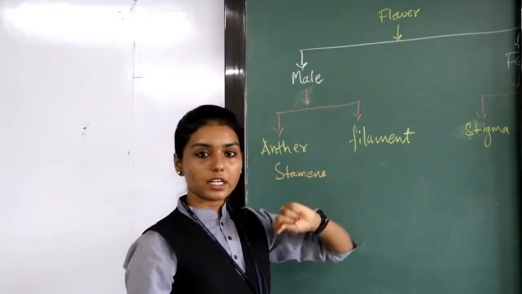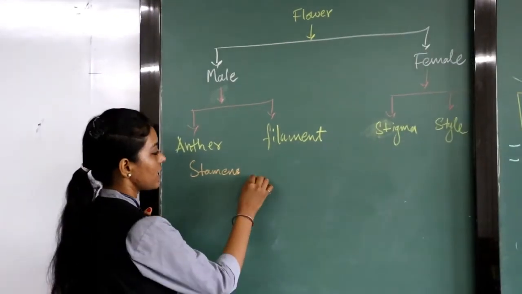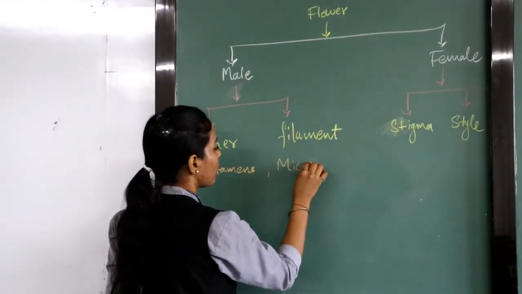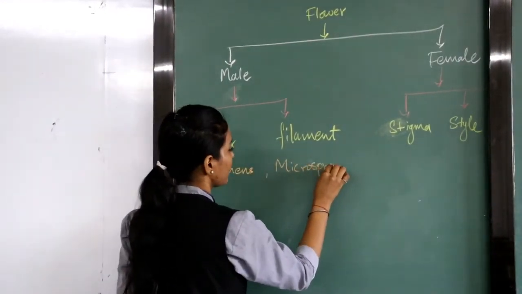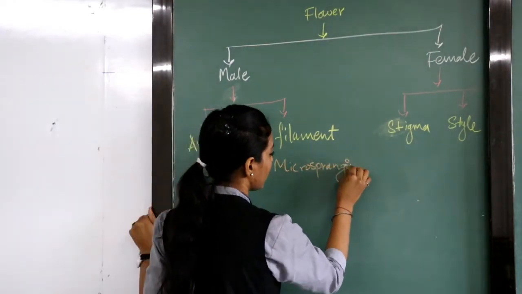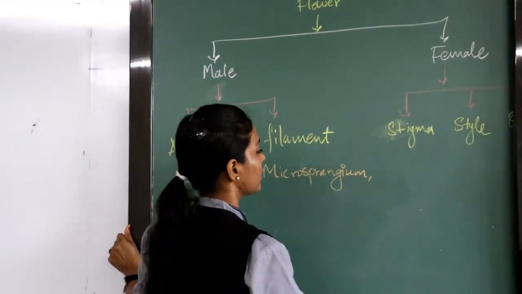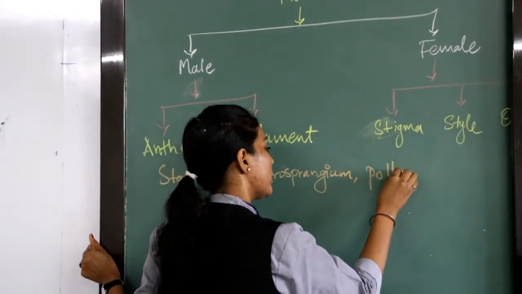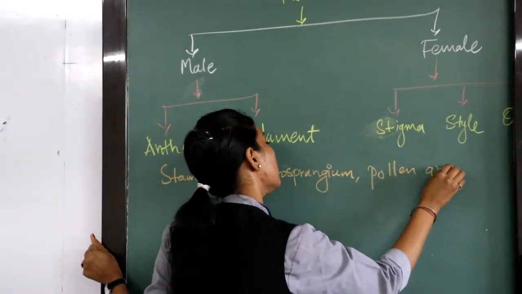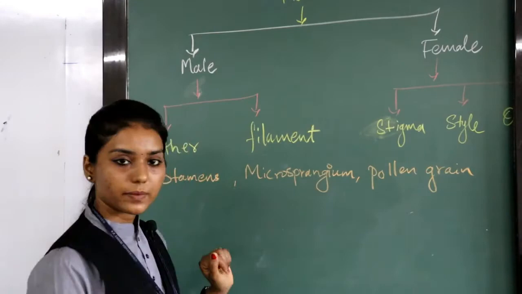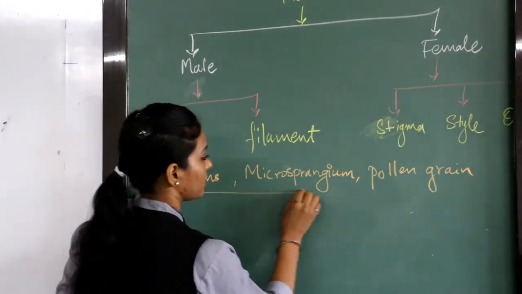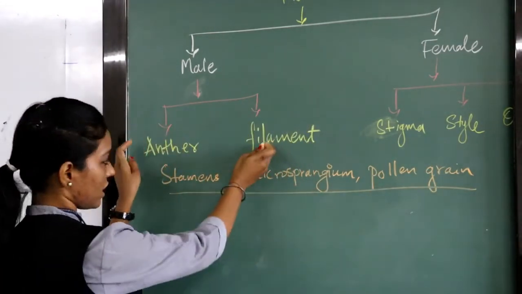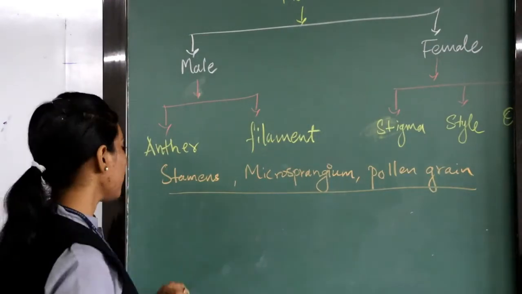Immediately after the diagram, they have something regarding stamens, microsporangium, and they have a heading called pollen grain. The things you have studied over here, you have to explain the same thing.